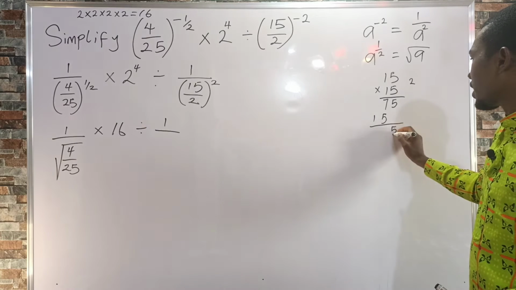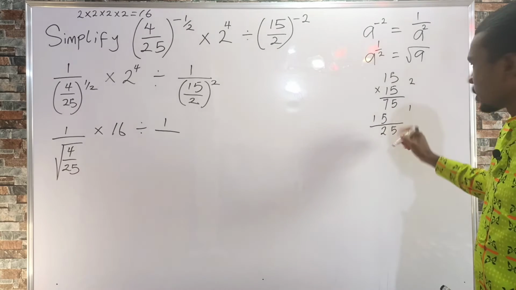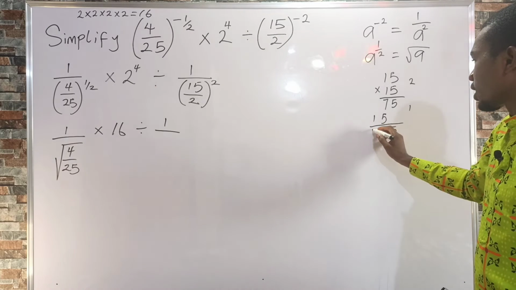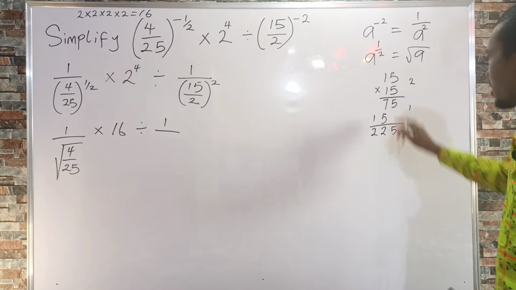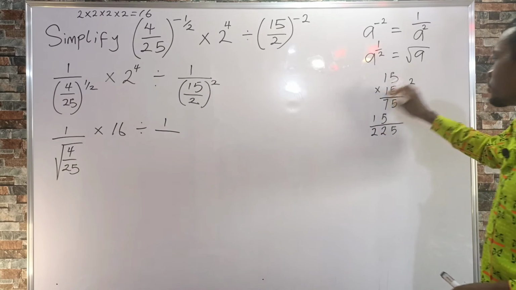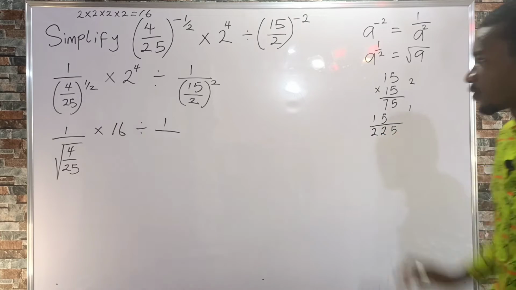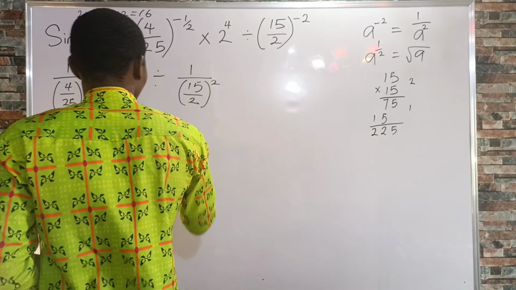Then I have 5. 7 plus 5 is 12. I write 2 and carry 1. Then adding this 1 to the 1 we have here, we have 2. Hence 15 raised to the power of 2 is 15 multiplied by 15, which gives 225.